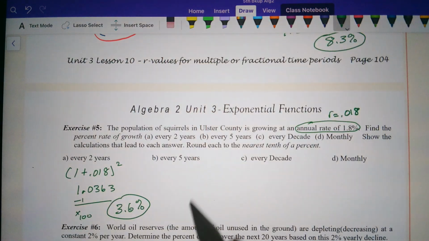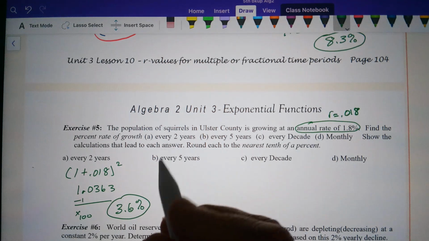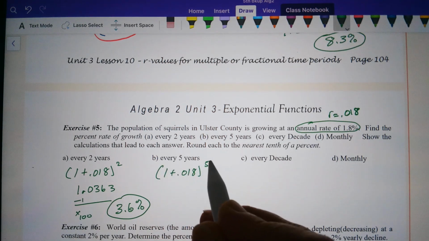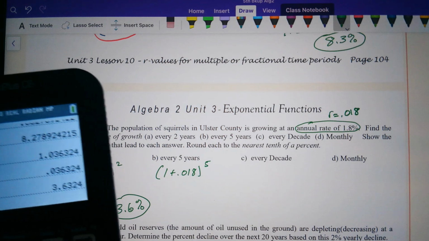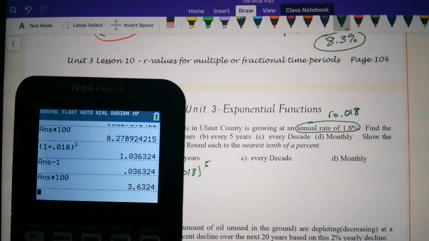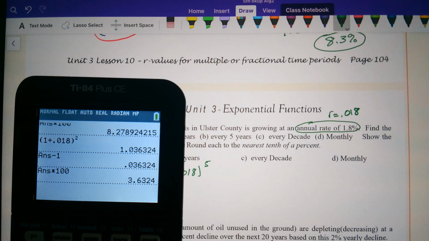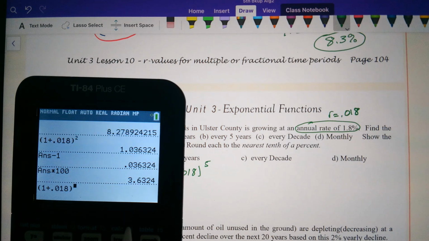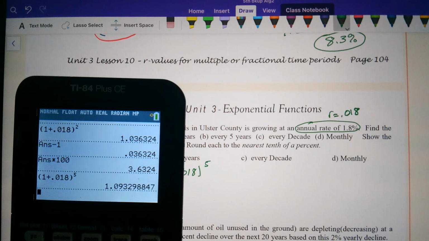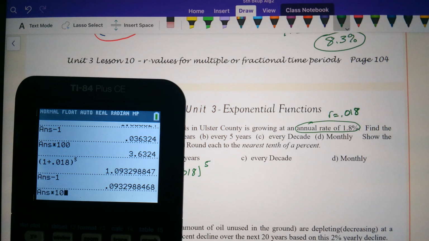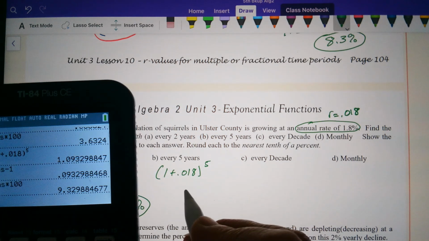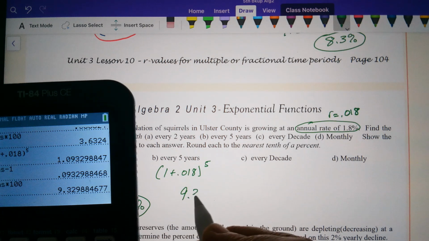For every 5 years, we'll take that same yearly base and now raise it to the power of 5. And again, do this all on the calculator. Arrow up, grab that, change the 2 to a 5, subtract 1, times by 100. 9.3%.